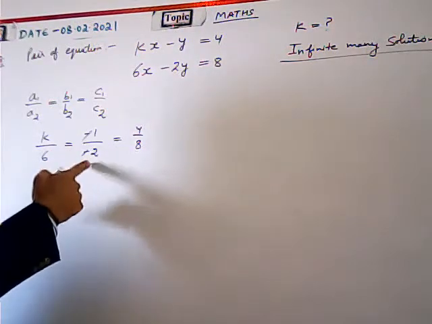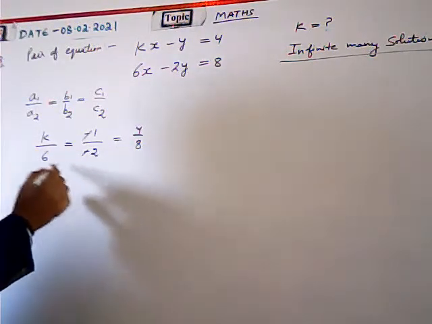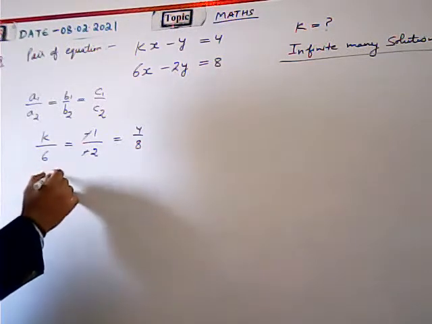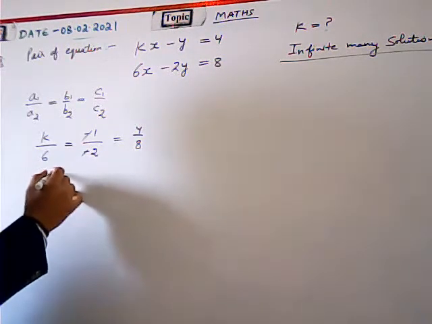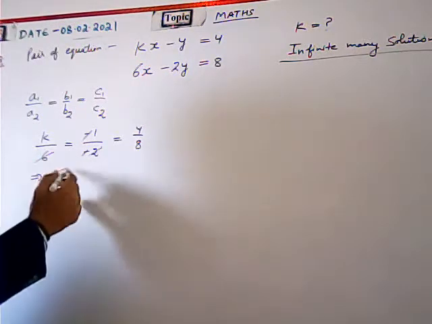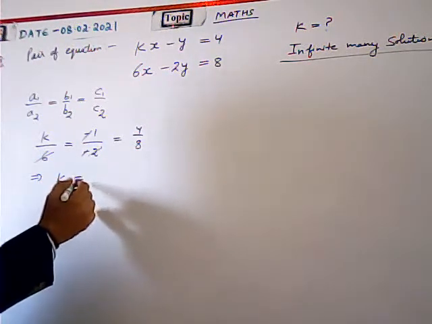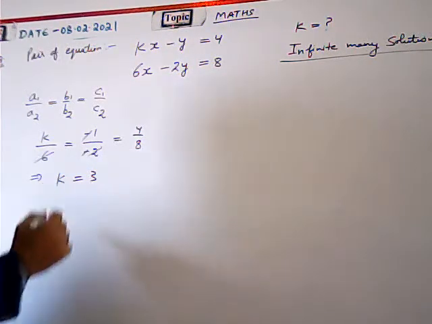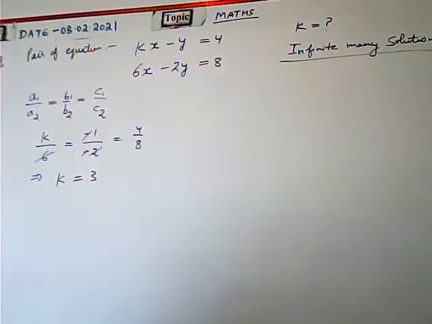So we can cross multiply here, 2 ones are 2, so 2k, or just cross multiply and k is equal to 3.